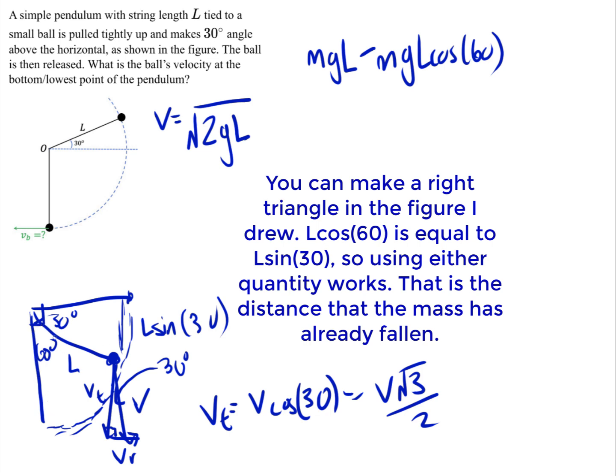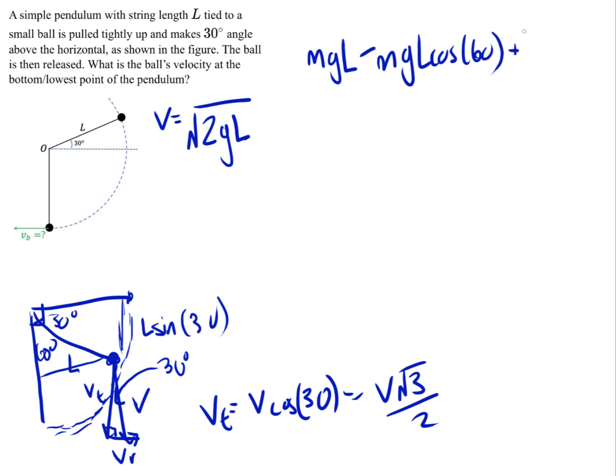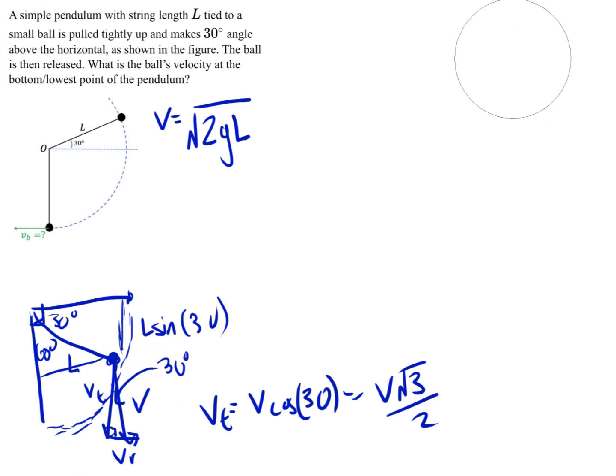So we need to subtract those two to figure out the gravitational potential energy. And then we're going to add the kinetic energy from the circular motion, the tangential component of the velocity that it already had when it was falling.